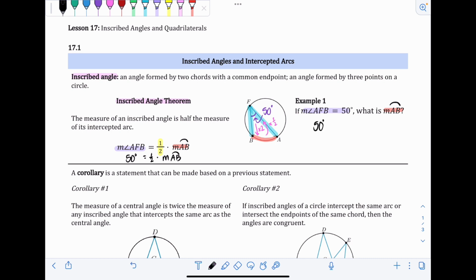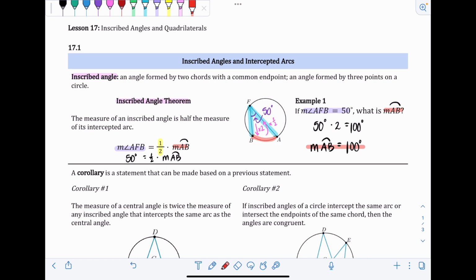We multiply 50 degrees by 2 to get 100 degrees, and that gives us the measure of arc AB. If we were given that the arc was 100 degrees, we would just divide it by 2 to get the angle. So the measure of arc AB is equal to 100 degrees.